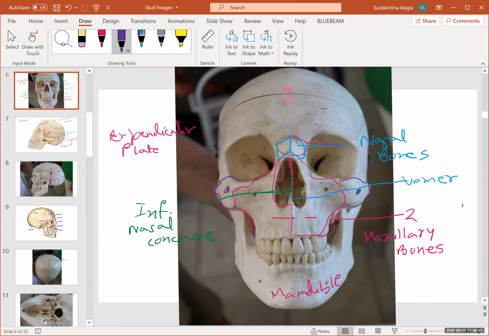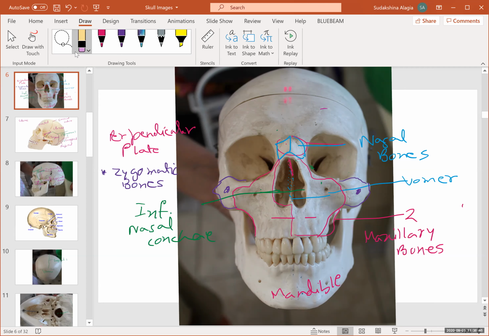These two are the zygomatic bones. So other than the lacrimal, which I'm going to show next, we pretty much got almost all the facial bones. Lacrimal and palatine are what's left.